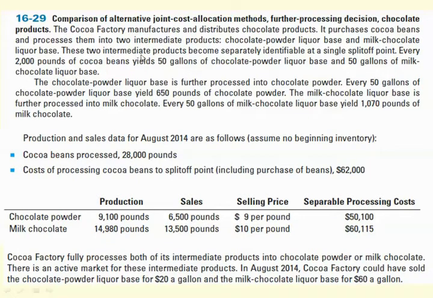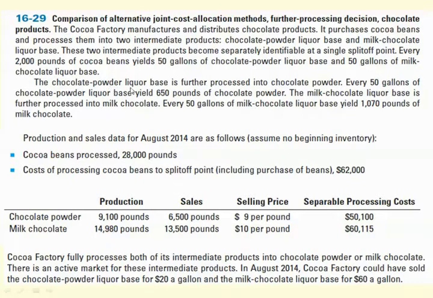These two intermediate products become separately identifiable at a single split-off point. Every 2,000 pounds of cocoa beans yields 50 gallons of chocolate powder liquor base and 50 gallons of milk chocolate liquor base.